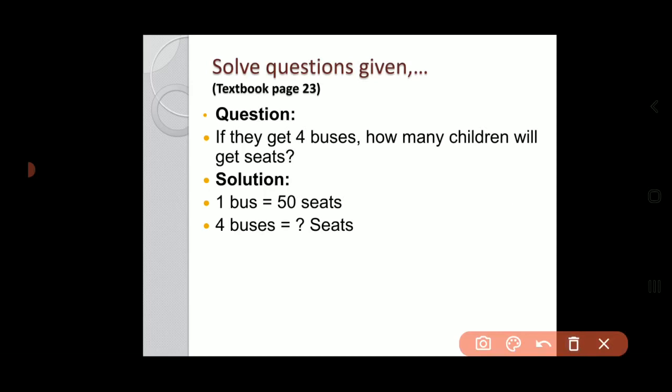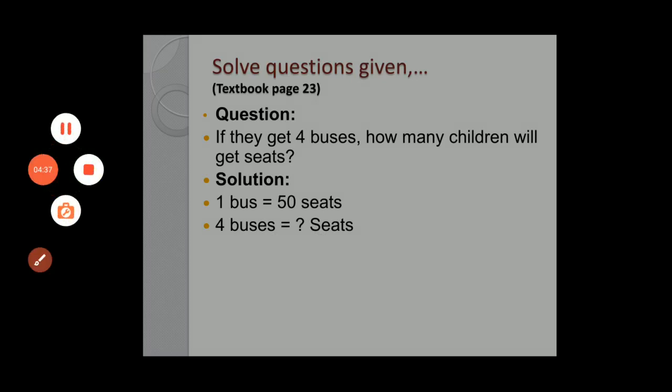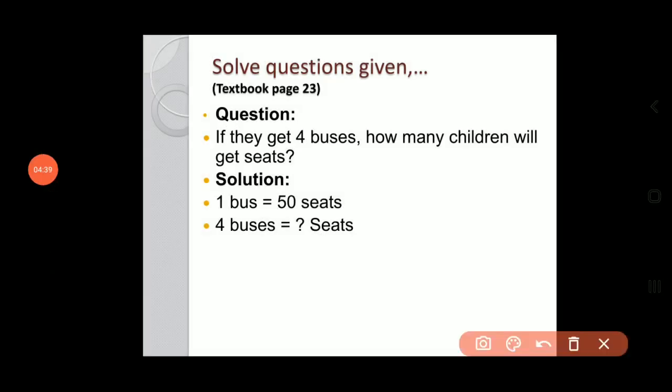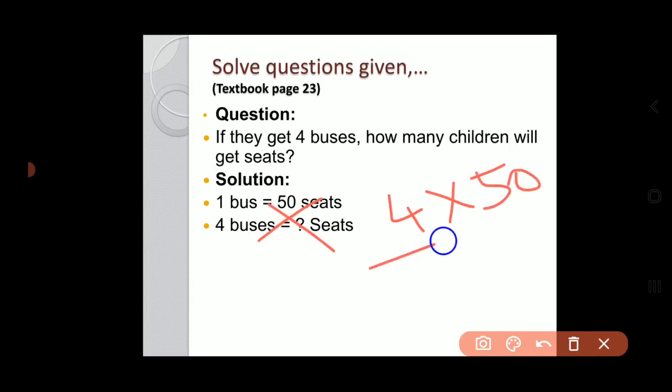Now we all know that we have already learned about cross multiplication. So straight away we will cross multiply here. So we will multiply 4 into 50 divided by 1.